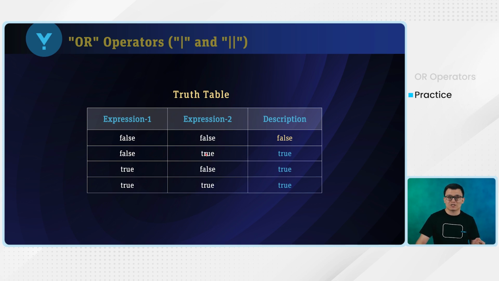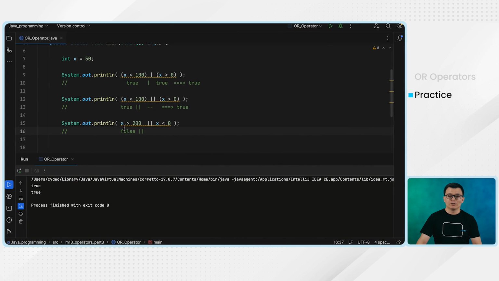Otherwise, if the second expression is true, then our final value is going to be true at the end. So since the first expression is false, the compiler still needs to evaluate the second expression before returning the final value, because the final value could still be true.